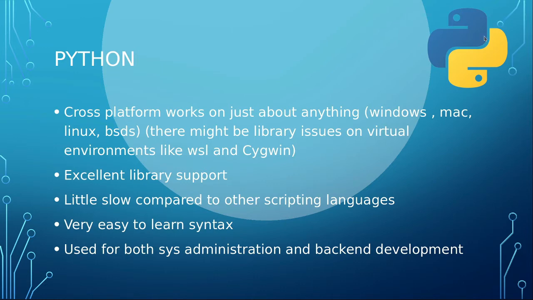It's particularly an all-in-one language because it supports multiple platforms, and you could use it for system automation as well as making REST APIs. You can even use it to make GUIs, but I wouldn't particularly use that because there are better languages like JavaScript out there.